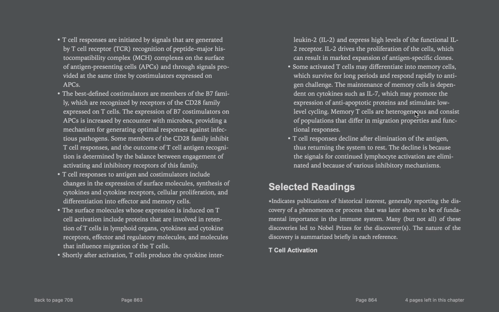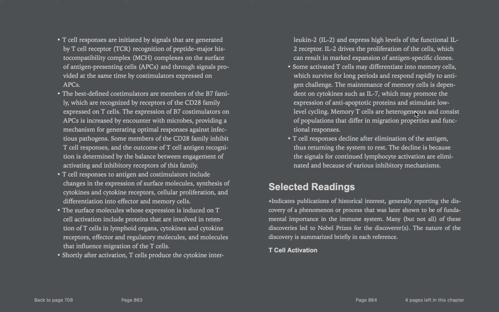So, T cell responses are initiated by signals generated by the T cell receptor's recognition of peptide major histocompatibility complex on the surface of antigen presenting cells, and through signals provided at the same time by costimulators expressed on the antigen presenting cell.